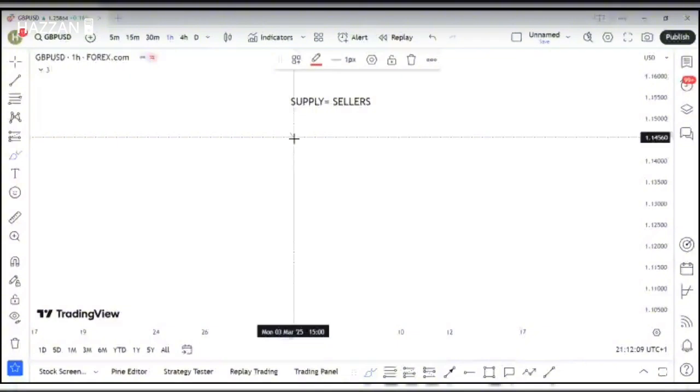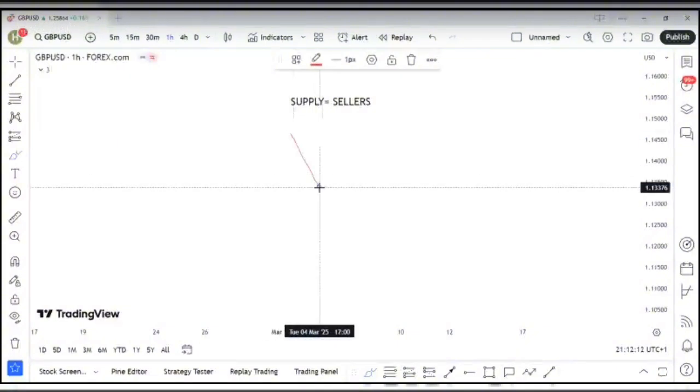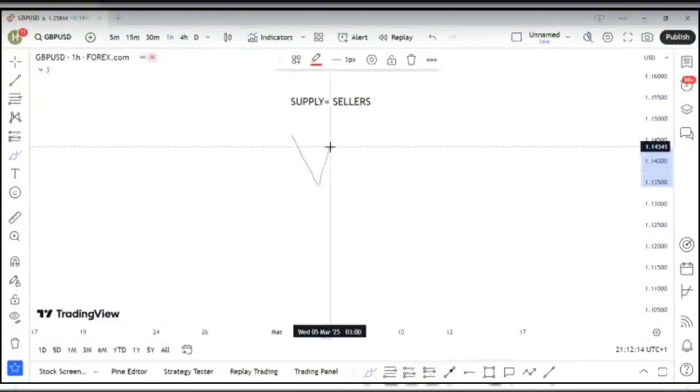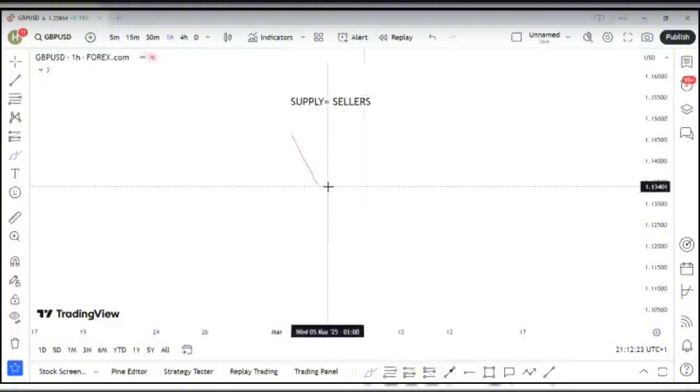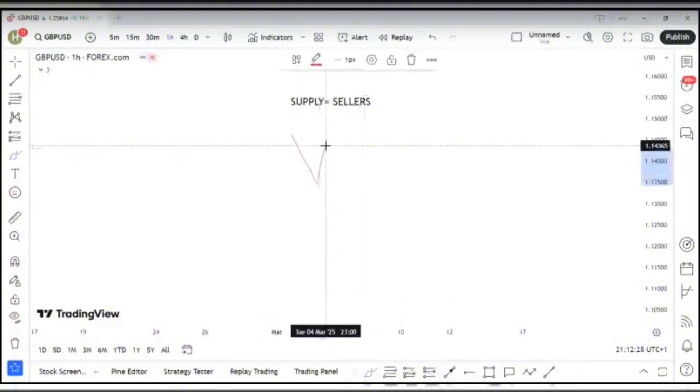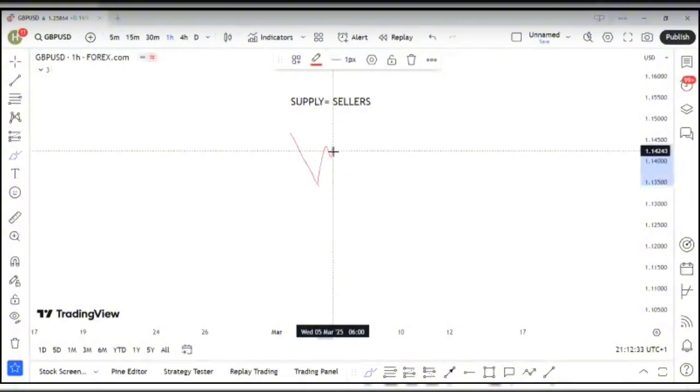Let's say, for example, we're in a downtrend. We have lower highs and lower lows. Let's see price in this zone. Okay, we have a lower high. Then we see price ranging in this zone.